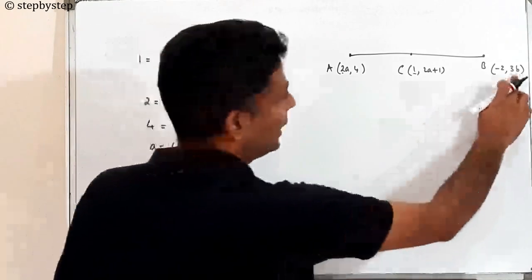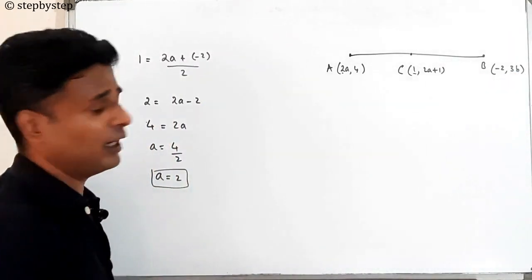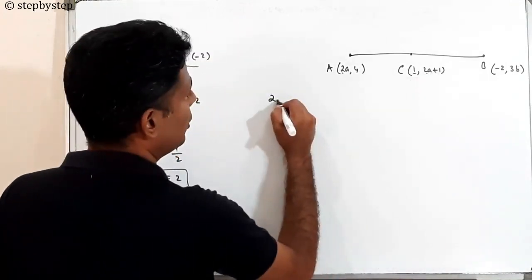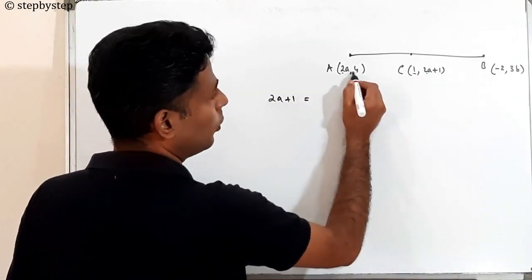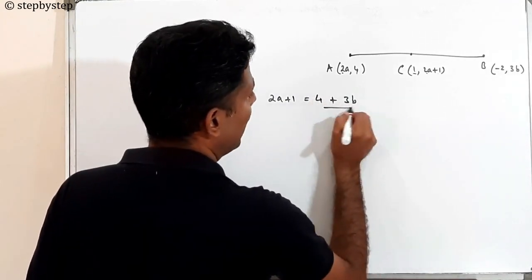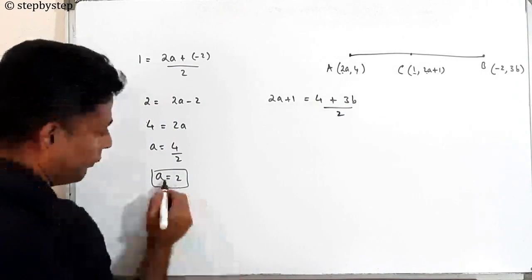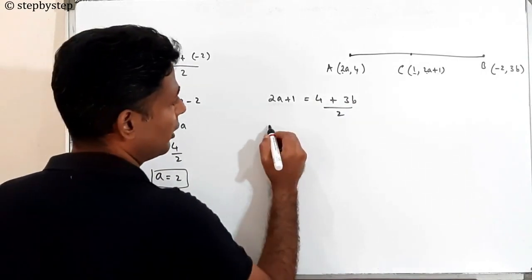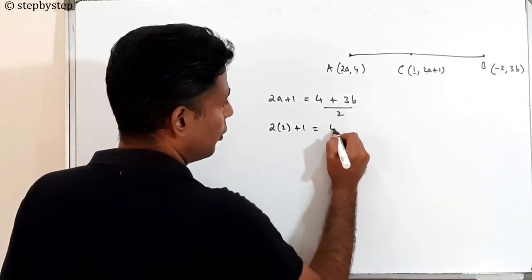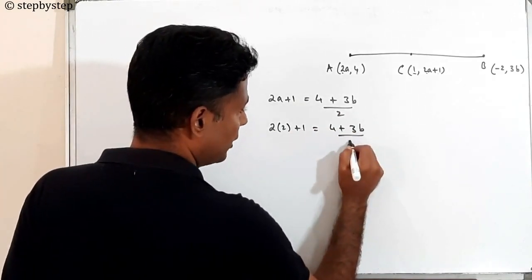Now to find the value of b. b is in the y coordinate, so we have to use the formula for the y coordinate. What is the y coordinate here? 2a plus 1 equals (y1, that is 4, plus y2, that is 3b) by 2. But we have already found the value of a, right? So instead of a, we can write 2 into 2 plus 1 equal to (4 plus 3b) by 2.